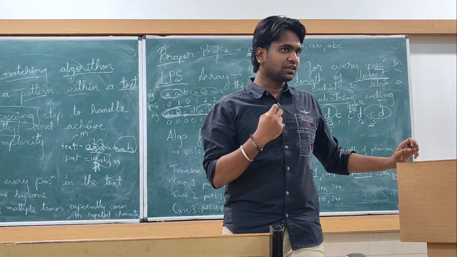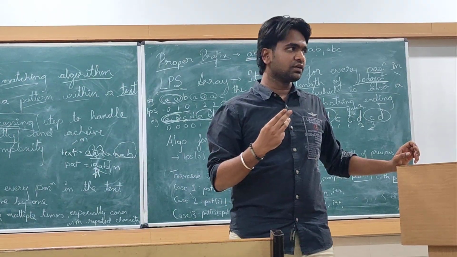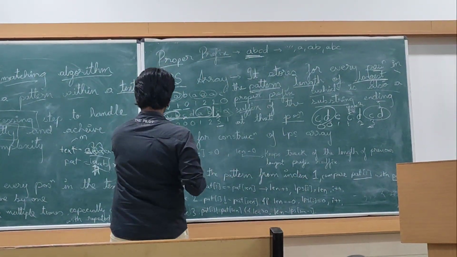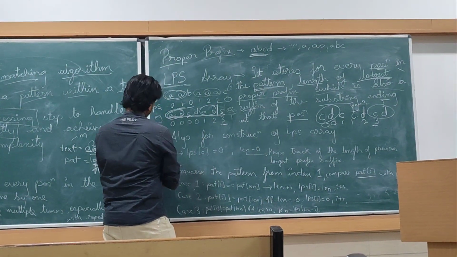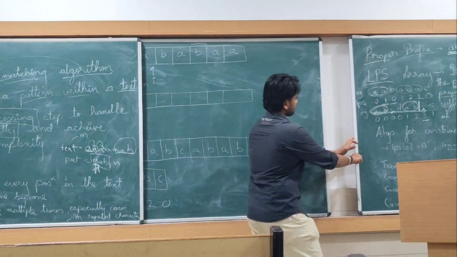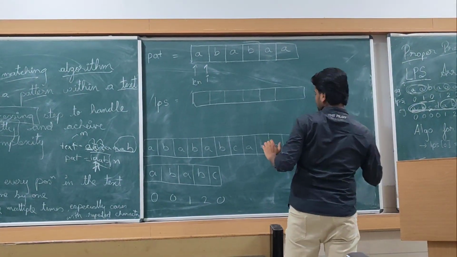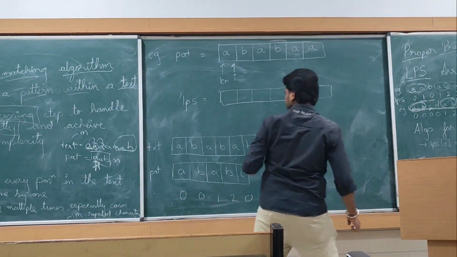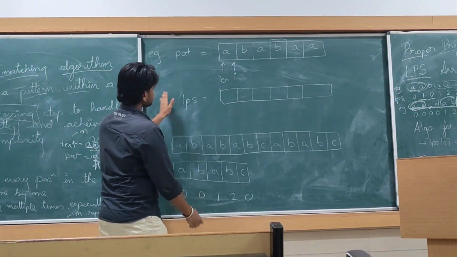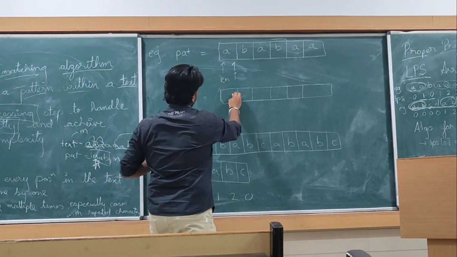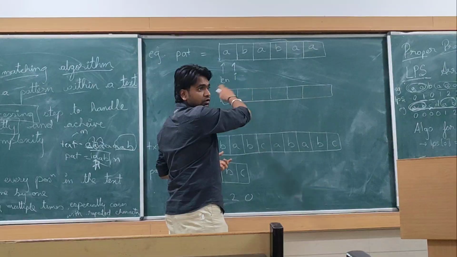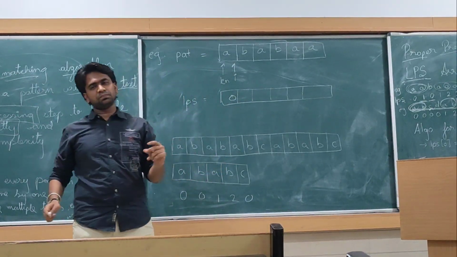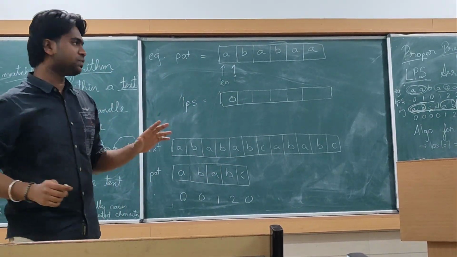It's not that easy. The third case is a bit tricky, right? Let's see an example. ठीक है, चलो, we are just creating an LPS array. एक last case बचा है, just bear with me.